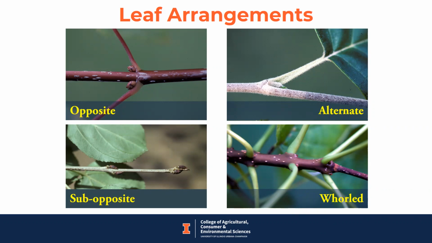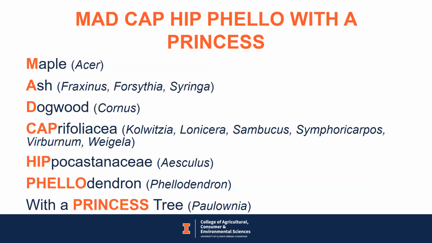So the vast number, the largest group, are going to be listed as alternate. The second most common would be our opposite plants, followed by subopposite, and then whorled again being the least common of those. So using those, we can help eliminate some of those from consideration if we know that they're not there.